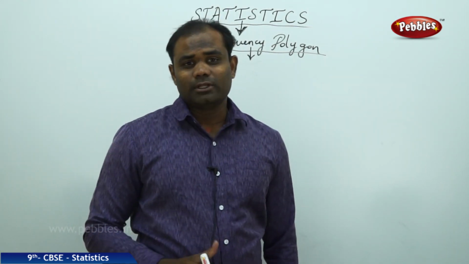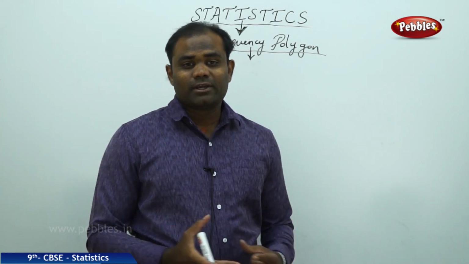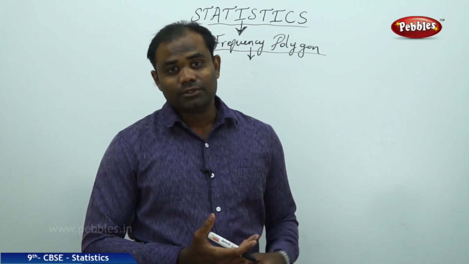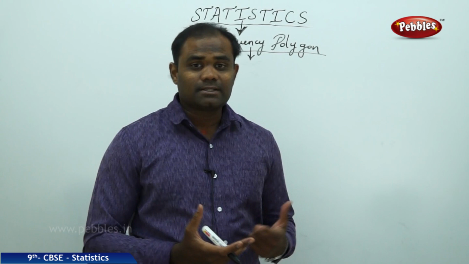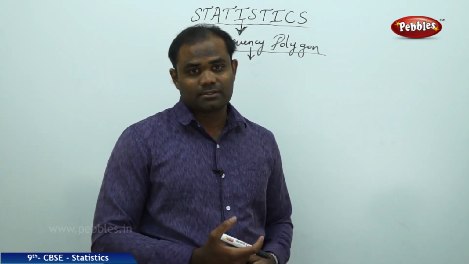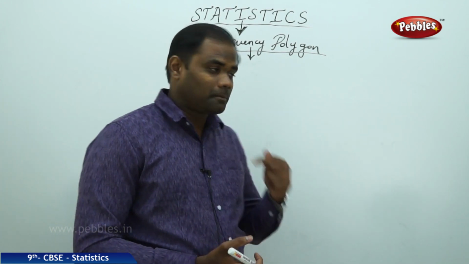We know that a polygon is an n-sided closed figure. So a frequency table also defines an n-sided closed figure using the histogram, and that n-sided closed figure is called a polygon of n sides. So let's see a polygon in brief.